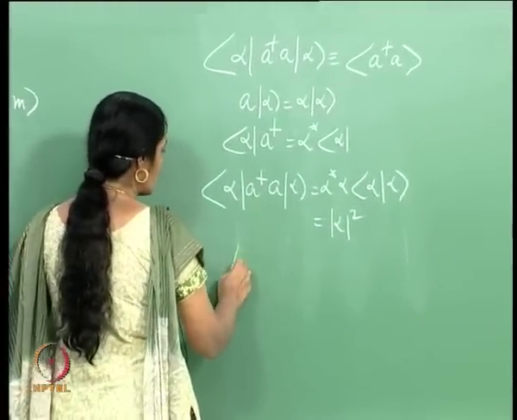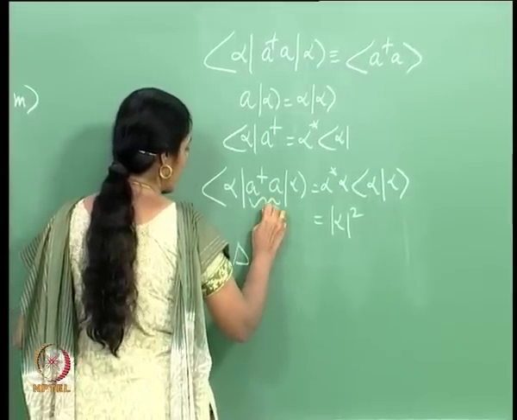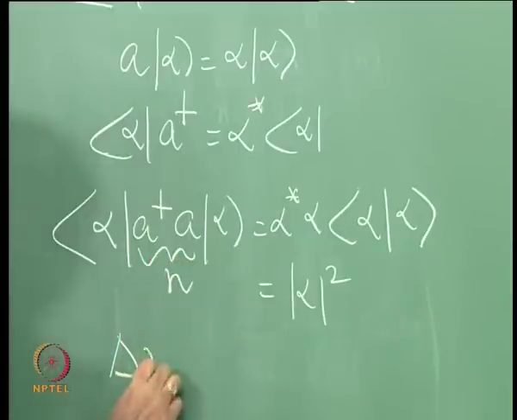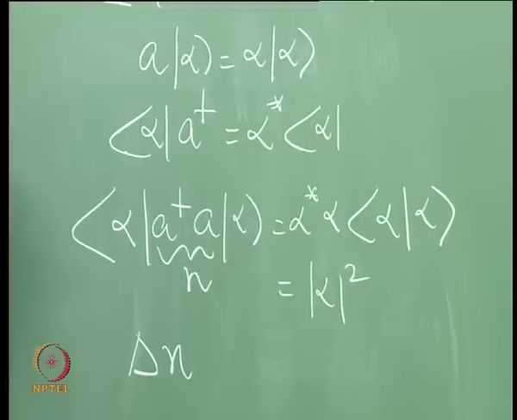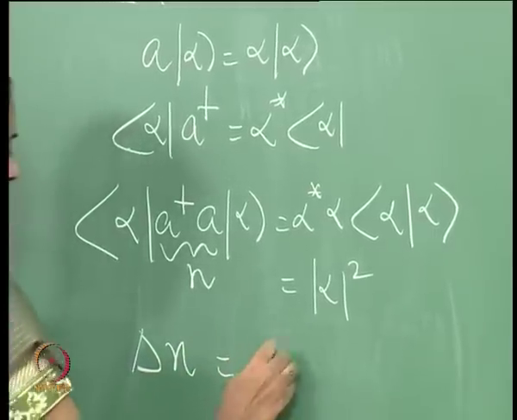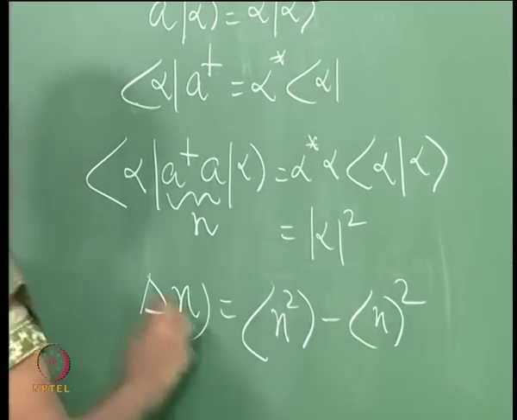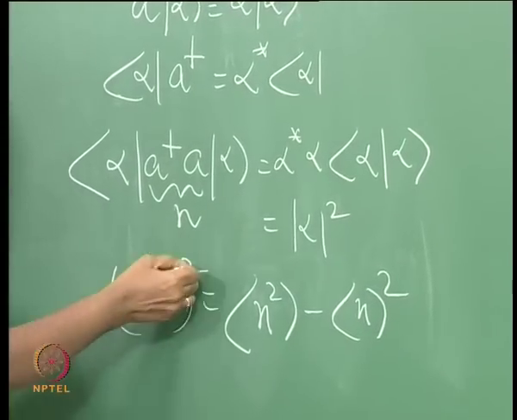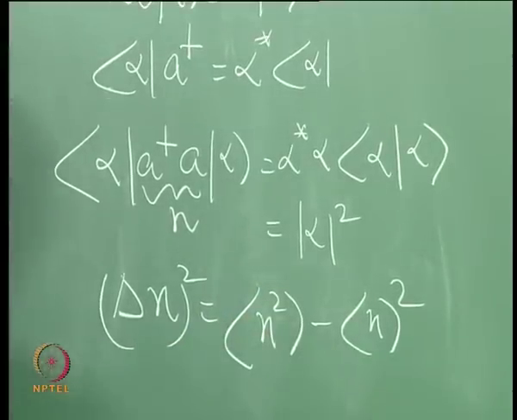I would like to find out the fluctuation delta n in the number, but I know that delta n squared, the variance in n, is expectation n squared minus expectation n the whole squared.